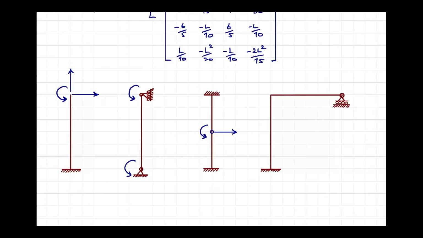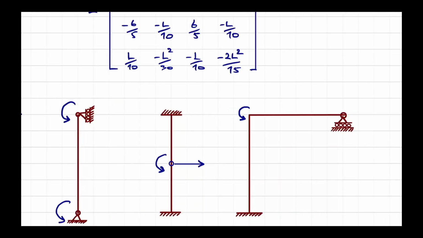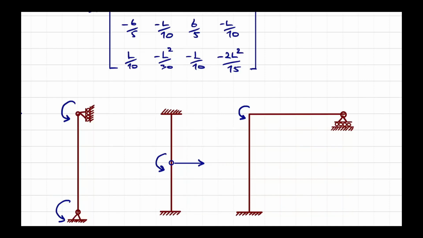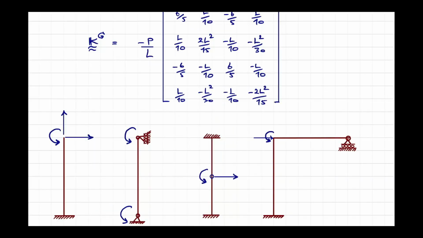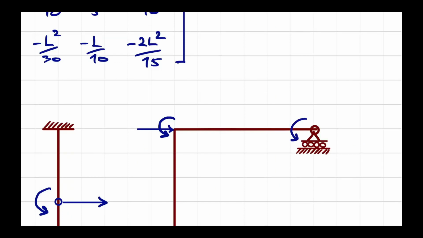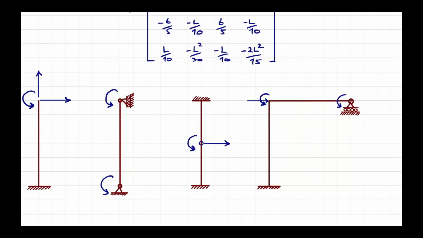The system like this, we have the translation in the x-axis, and we have the rotation there. In total, 3 degrees of freedom.